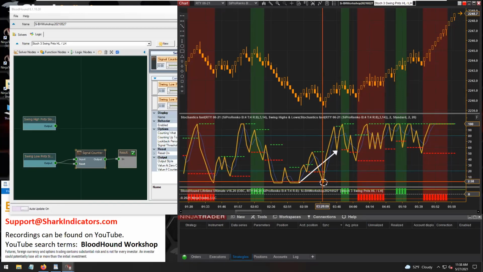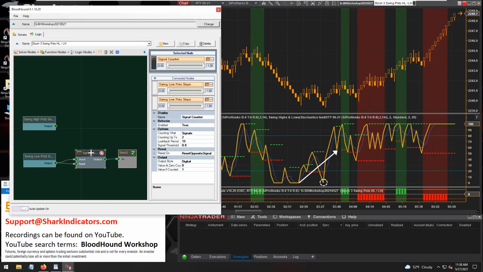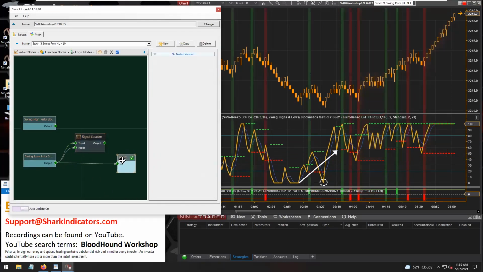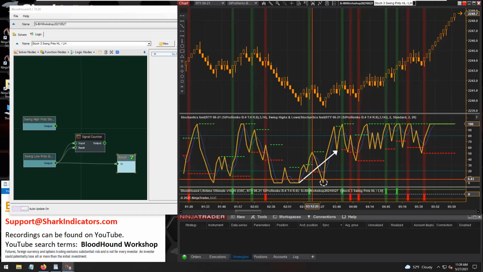And so we want that lower low to reset the signal counter, and that would eliminate this long here. But if we connect that in, right there, that's our first long signal. There should be a short here to reset the signal counter, but since we're not getting that, the signal counter sees this second long signal here.